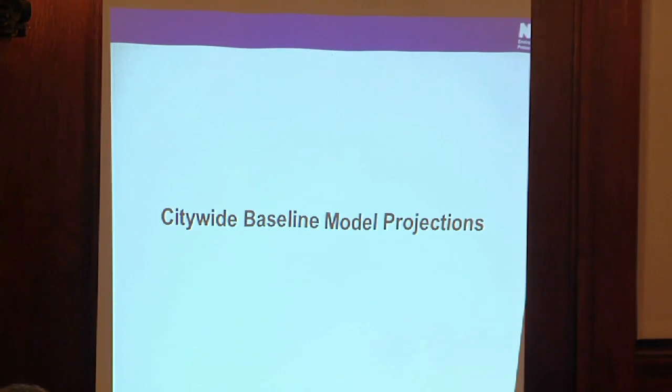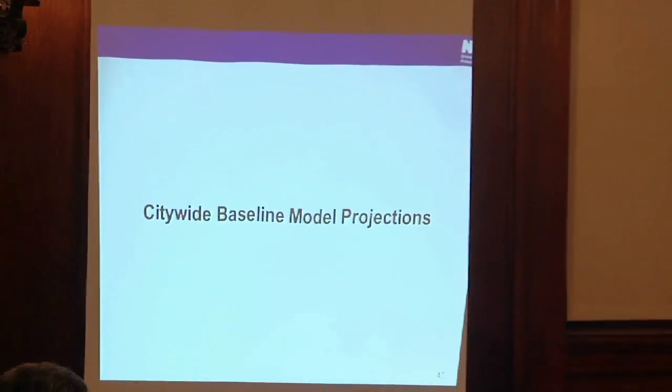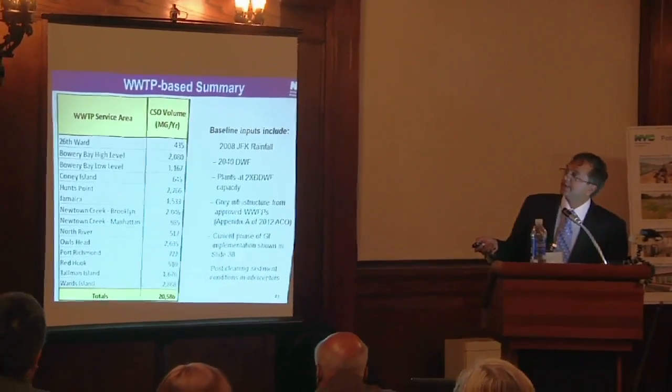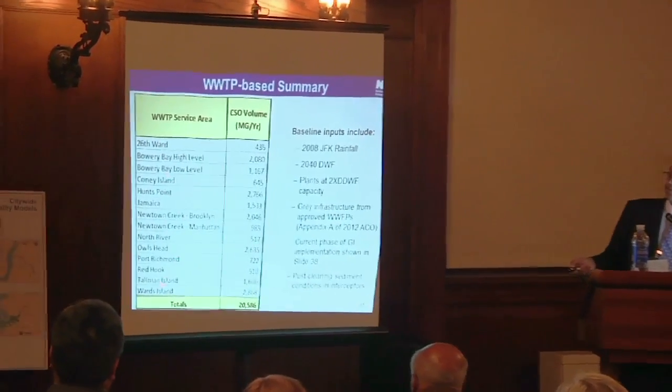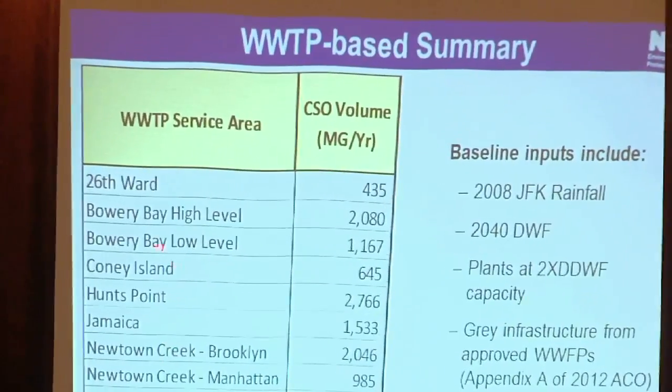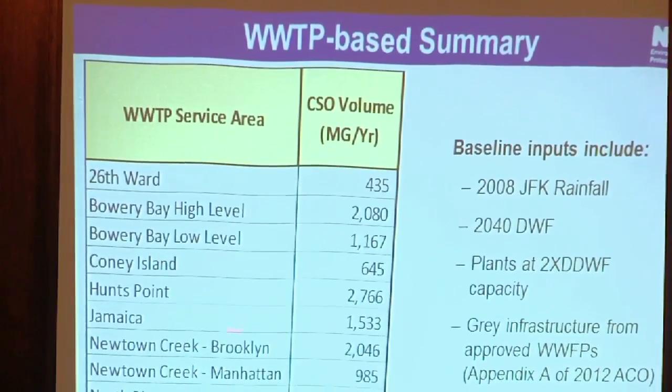We ran all the 13 different models, actually 12 of them with combined sewer systems. And what you see here is an annual overflow volume from each of these wastewater treatment plant service areas.